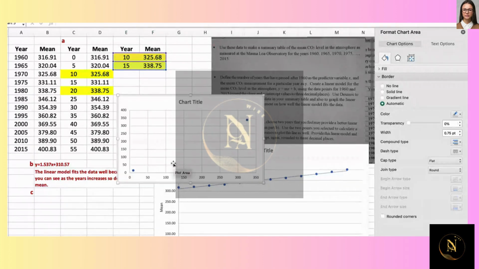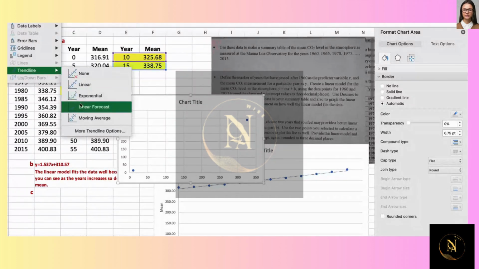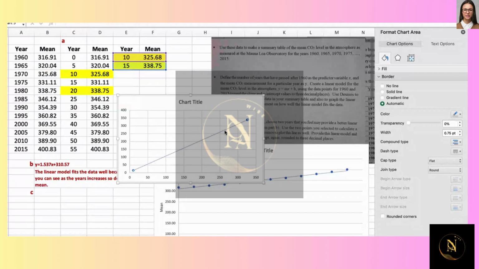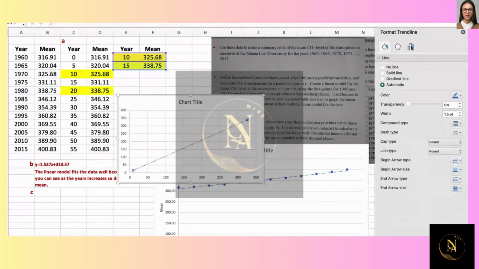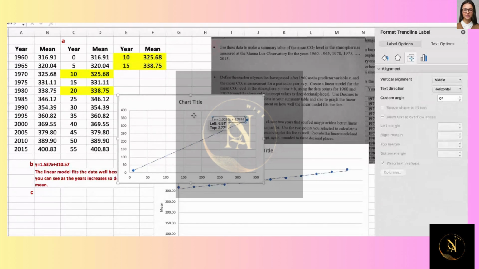Here we go. All right, so my trend line and my equation. I'm just going to bold this to make it bigger.